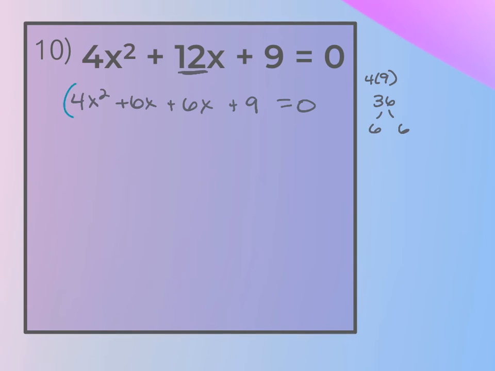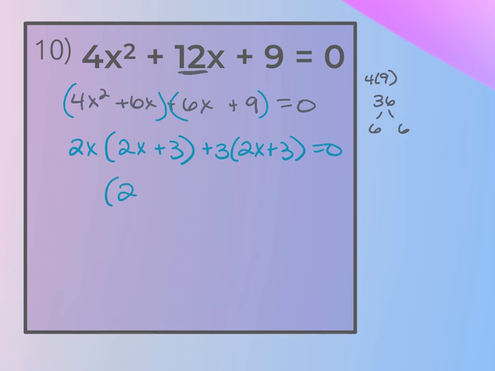Factor by grouping. Take out a 2x here, and I get 2x plus 3. Take out a 3 there, and I get 2x plus 3. And my result is 2x plus 3 times 2x plus 3. Set them each equal to 0, and I get -3/2 twice.